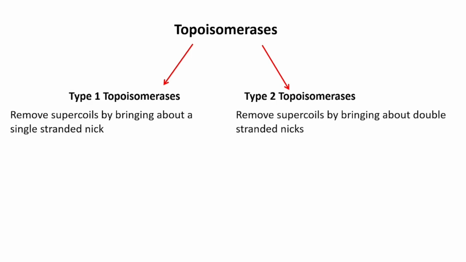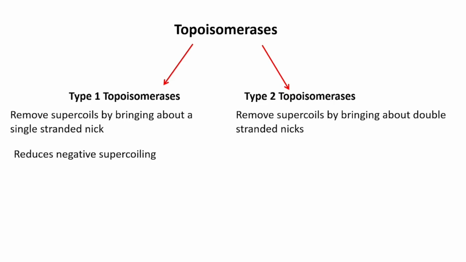Why is E. coli topoisomerase 1, which belongs to type 1, incapable of providing the swivel function needed in DNA replication? Because type 1 topoisomerases can relax only negative supercoils, not the positive supercoils that form in replicating DNA ahead of the replication fork.